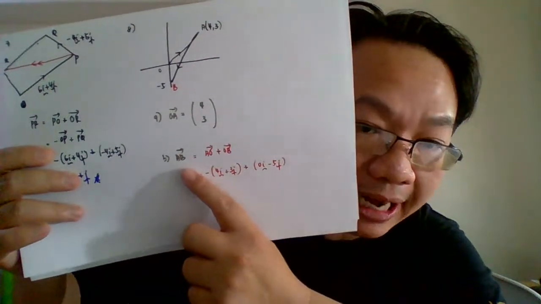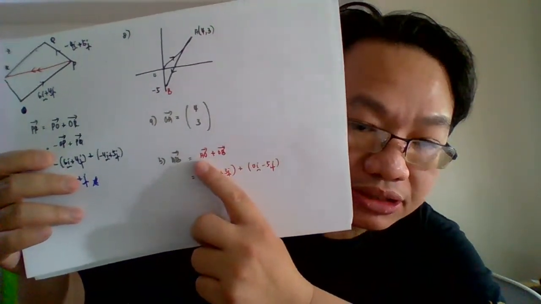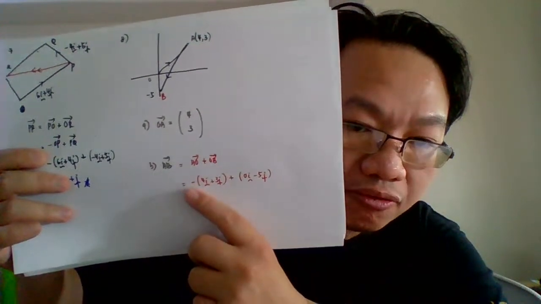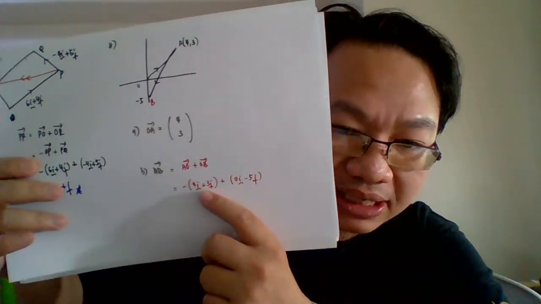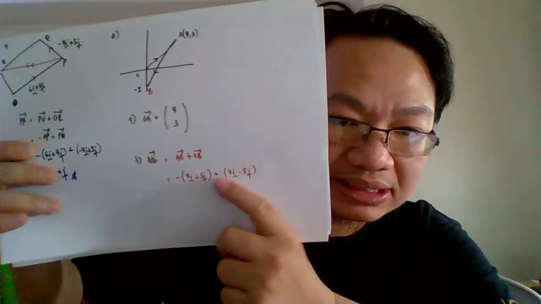OB, okay. OB is very direct. Just cut and paste the coordinate of B, which is the y-intercept here, (0, -5). So 0i minus 5j. Okay, this is our vector AB. AO plus OB. AO, we put negative, the coordinate of A, cut and paste, put i and j, plus OB.